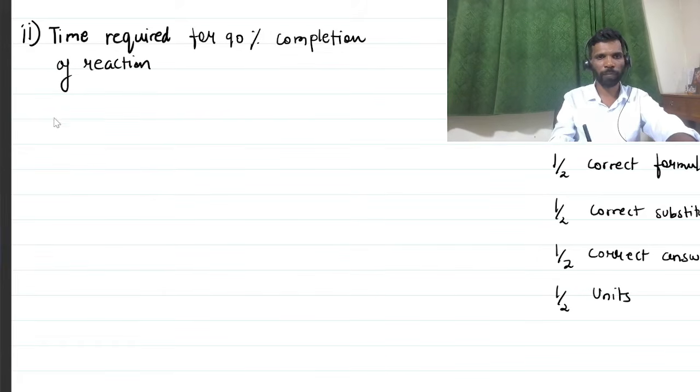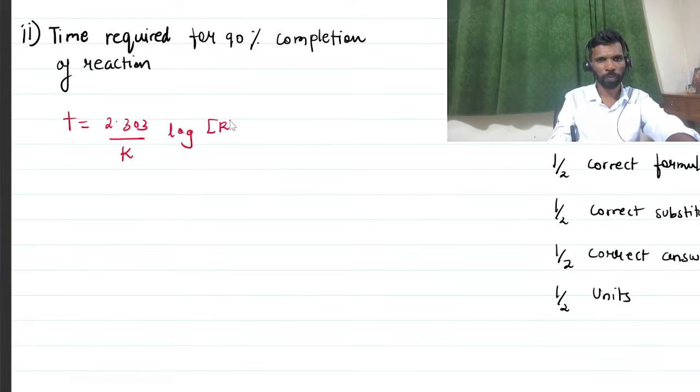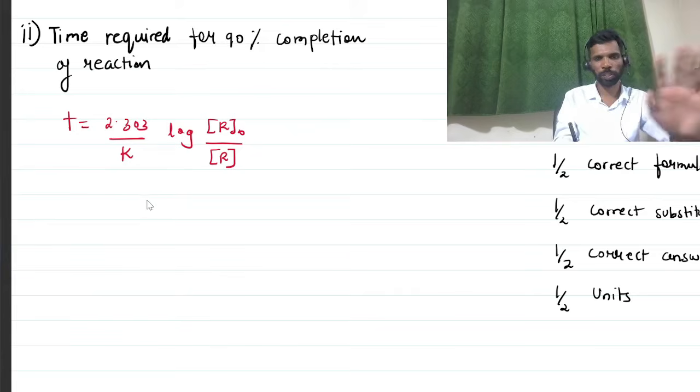So for the time required, the equation which we should know is T is equal to 2.303 upon K log of R0 by R. Okay, so this is the formula.